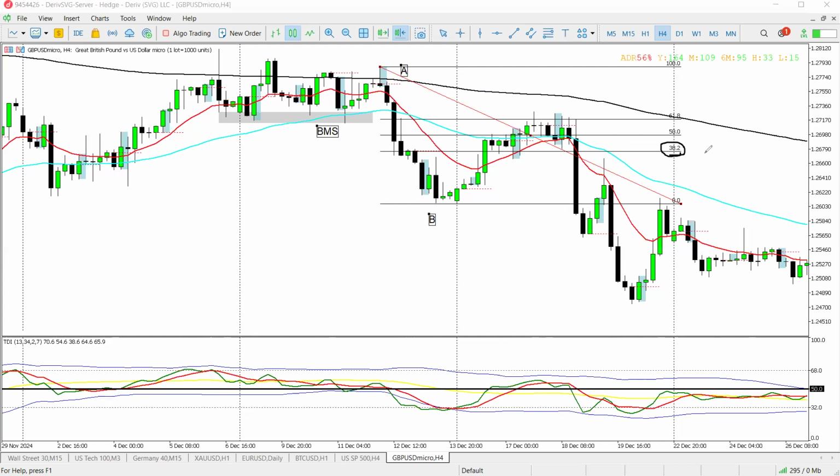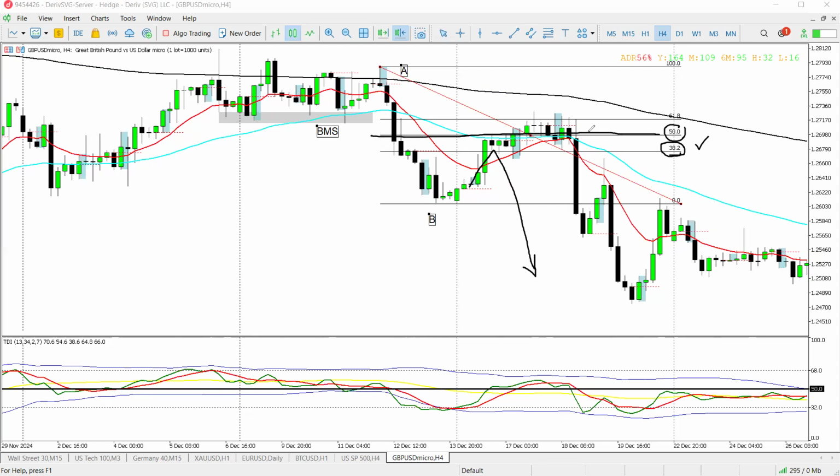The reason I've got the 38.2 active here is because sometimes the price will not get into halfway of the retracement, which is the 50% fib retracement level. Sometimes price will not get there. It will retrace only into the 38.2 and the downtrend will continue. So you always just want to have these levels on your chart.